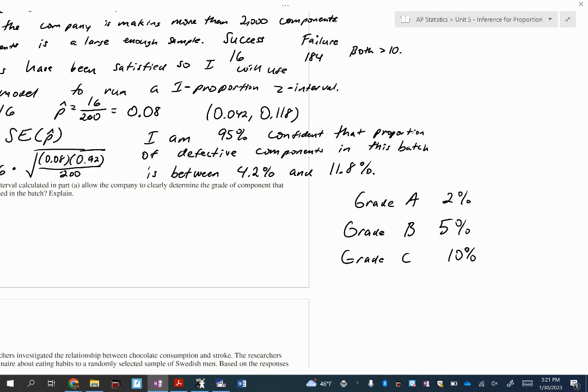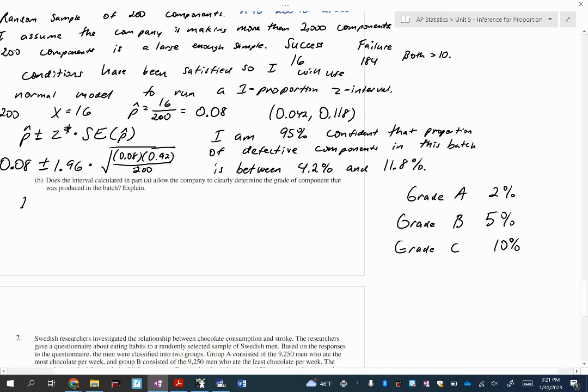So 2% is the only one I can rule out. 2% is not in our interval. So this batch is not grade A components.